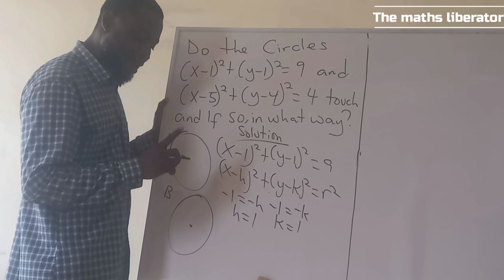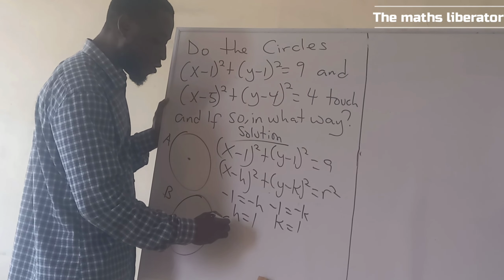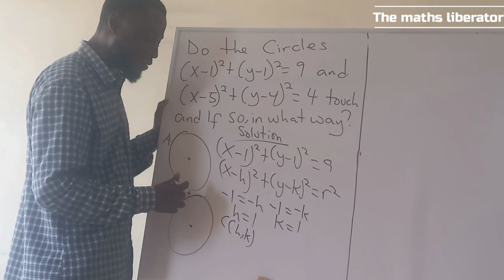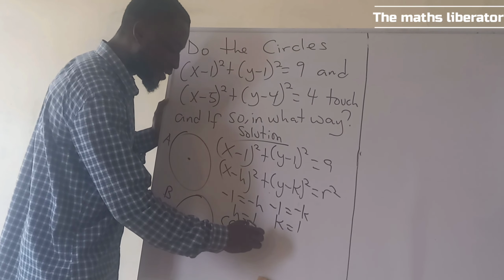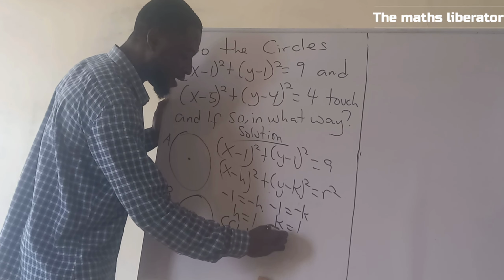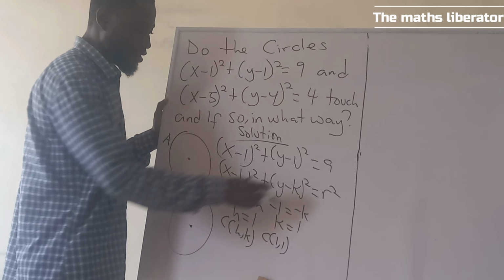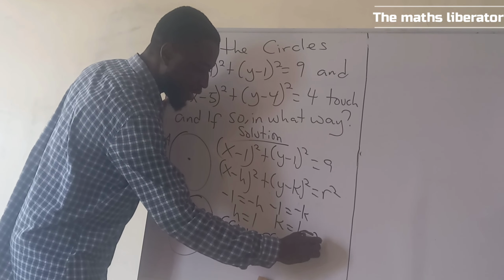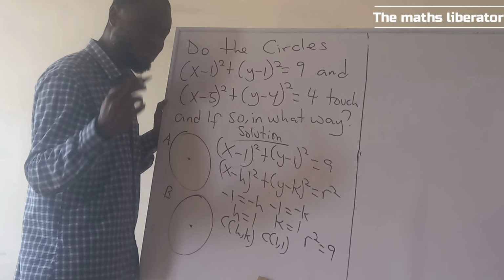Remember that the center is in the form (h, k) when the equation is in the standard form. So the center will be (1, 1). Now the radius. r squared equals 9. How do you get r?